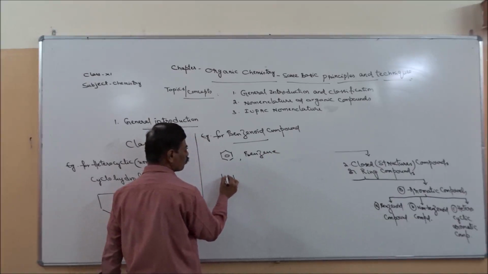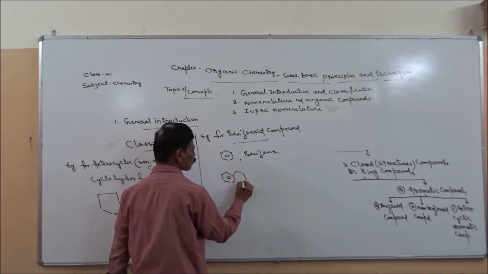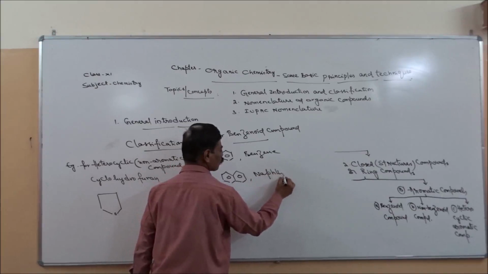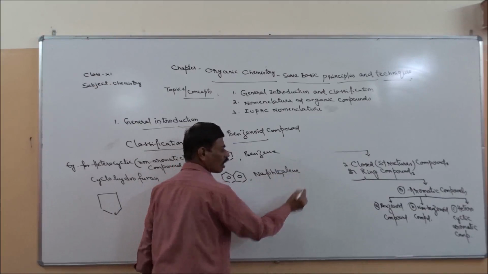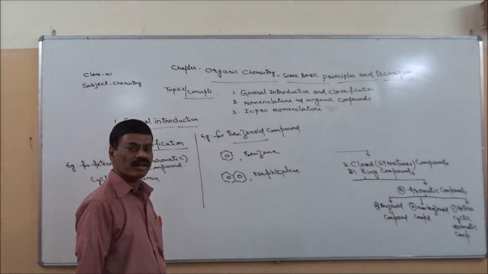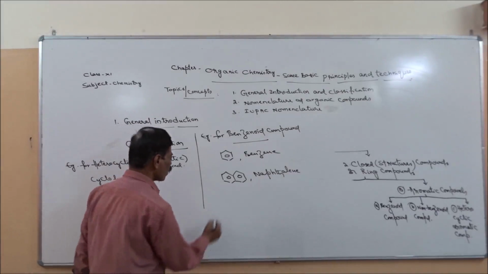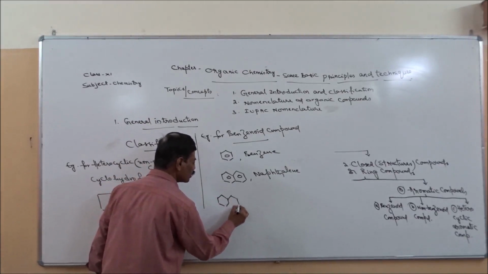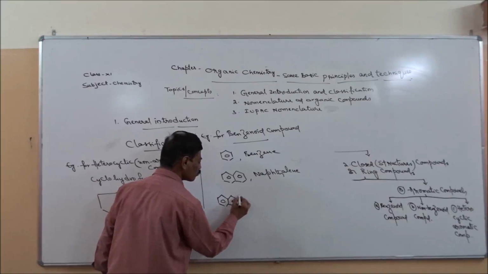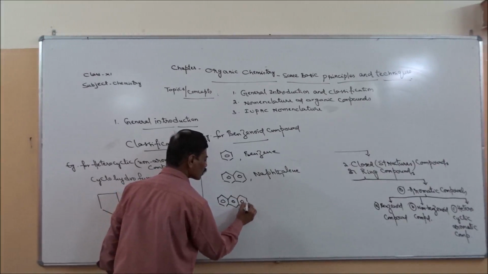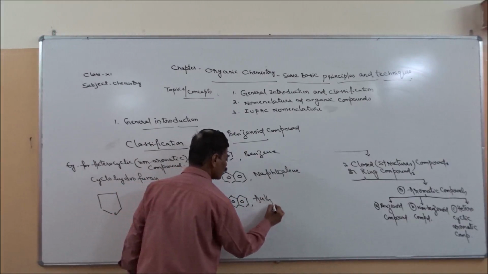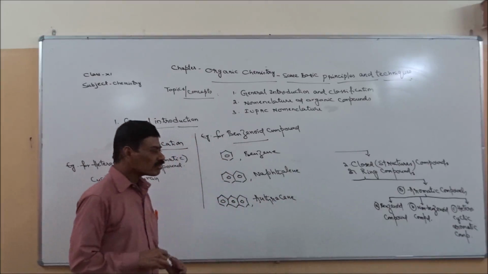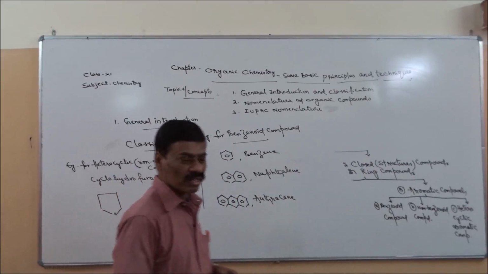Next, if we fuse two benzene rings, we will get naphthalene. Naphthalene balls are usually kept in toilet rooms to repel the moths. And another example, wherein three benzene rings are fused with each other, is anthracene. So these are examples for benzenoid compounds.